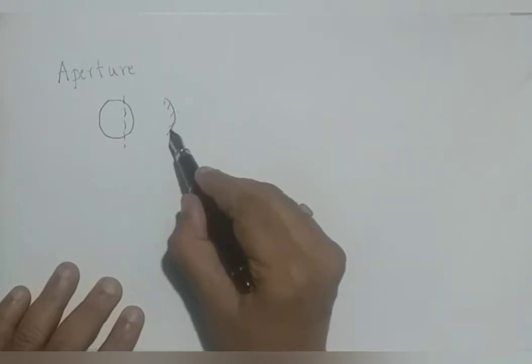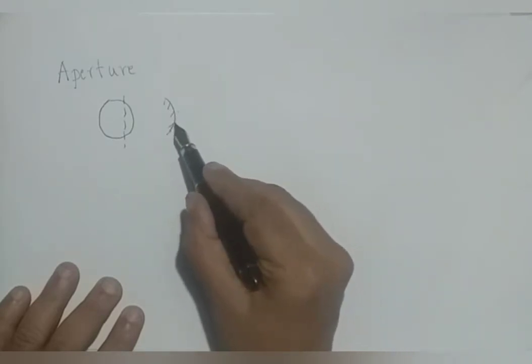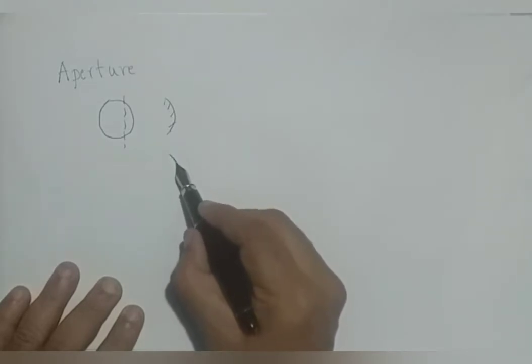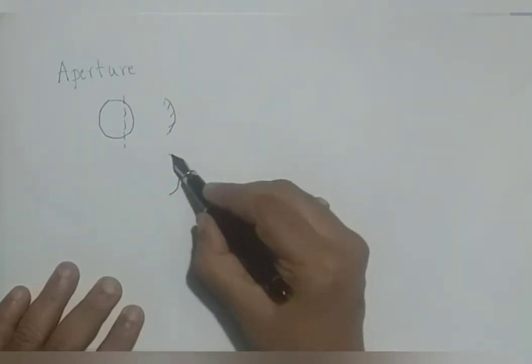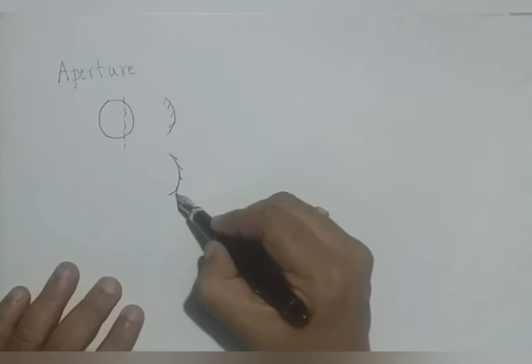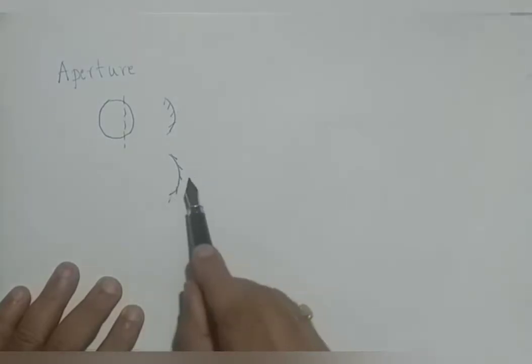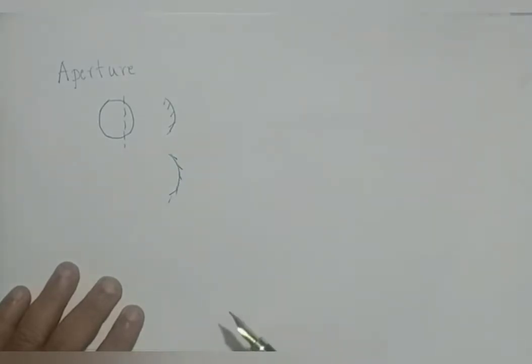Then this becomes a mirror, especially a spherical mirror. In the same manner, if we make the inner surface reflecting by coating the outer surface, this is our inner surface, it becomes reflecting, this is our outer surface, non-reflecting. So these two serve as the mirrors.